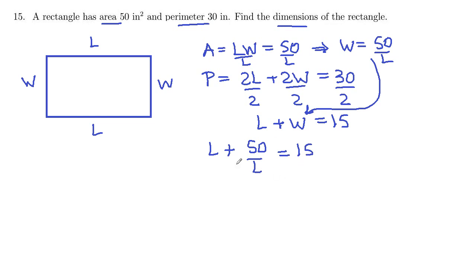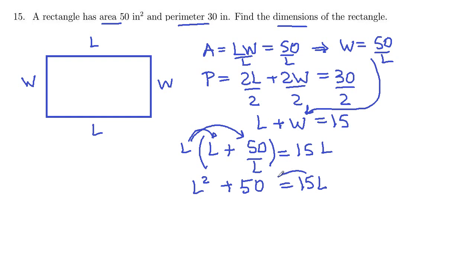So now we have one equation in one variable we can go ahead and solve here. Why don't we first multiply through by L on both sides, which is the LCD. That'll get rid of our fractions. So L times L, L squared, L times 50 over L, the L's cancel, plus 50, and then equals 15L.